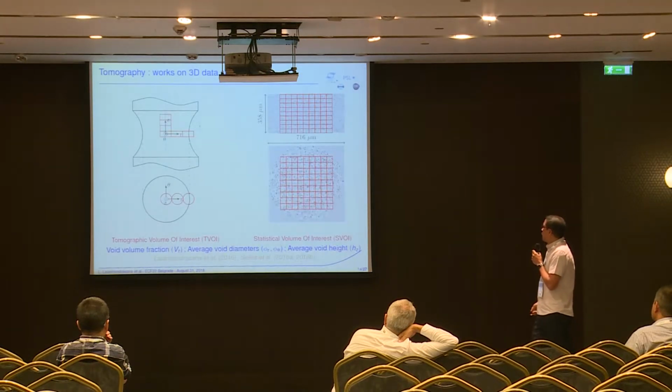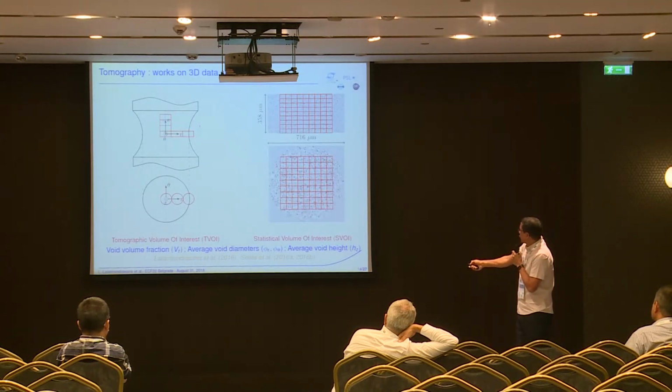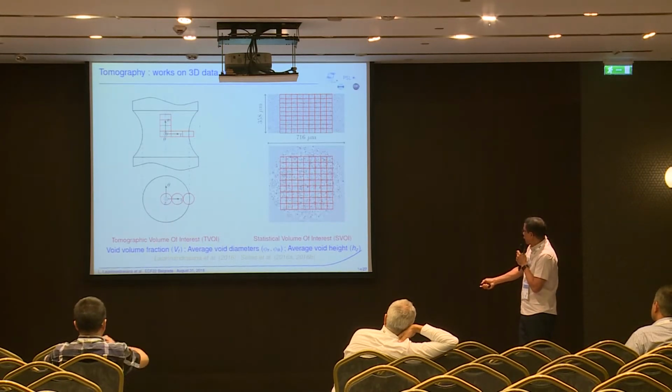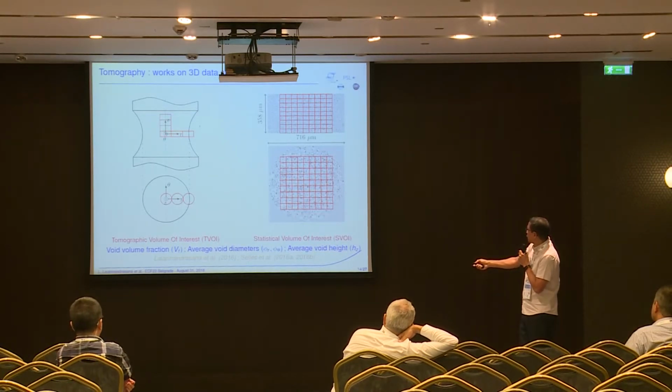Okay? Now, these deformed specimens have been observed, and we are sticking with these three volumes of interest. This is called the tomographic volume of interest, where we deal only with the radial description of the variables.